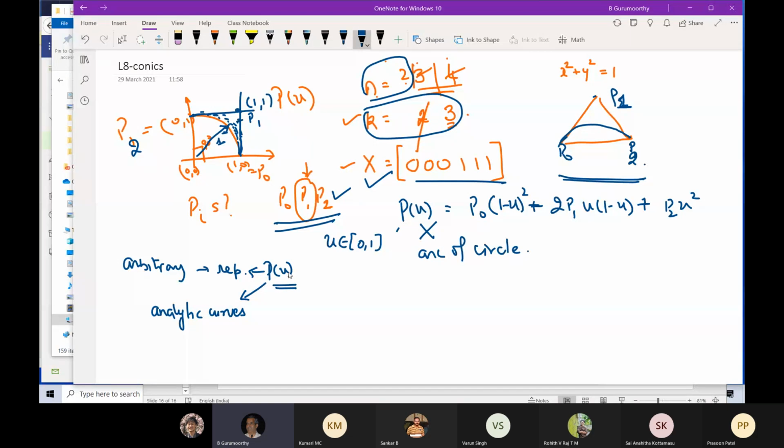So if every curve that I know of is being represented by a polynomial of this form, then my utilities are limited. I don't have to write many utilities for finding the length of an arc or intersection between two arcs, etc. So that's the motivation. That is why we are insisting that I must be able to define analytical curves also with an expression that looks like this. But here we are now proving that I cannot get a circle with a representation like this.